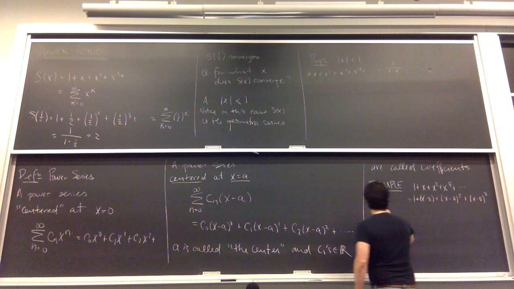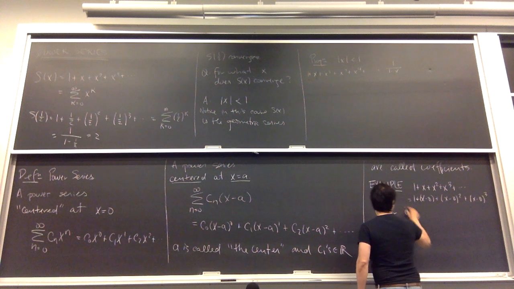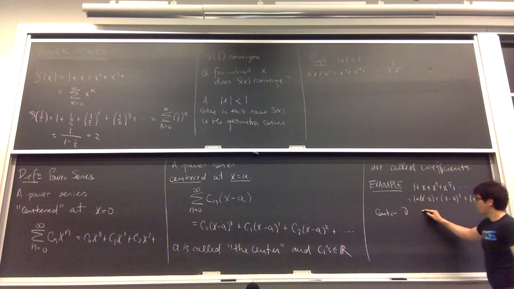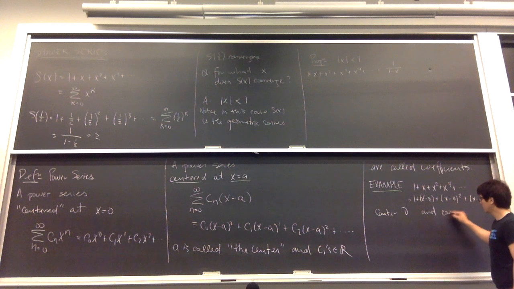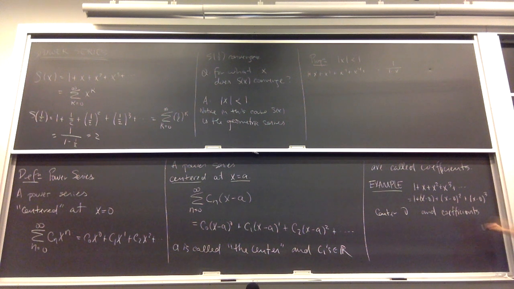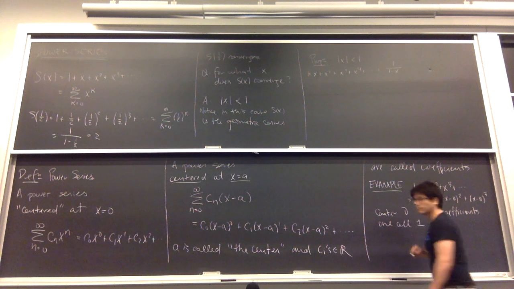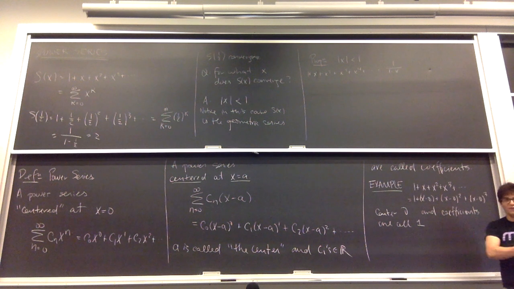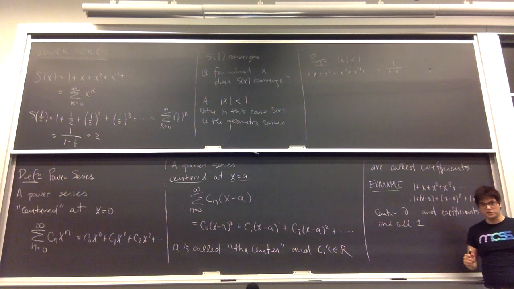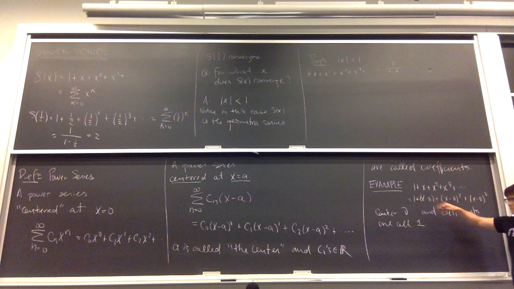This one has center 0. And what are its coefficients? They're all 1. Coefficients aren't too big of a deal. The problem is you sometimes have to search for these coefficients because you won't be given the function in a nice form where it's obvious. Sometimes you'll have to do a little bit of manipulation.